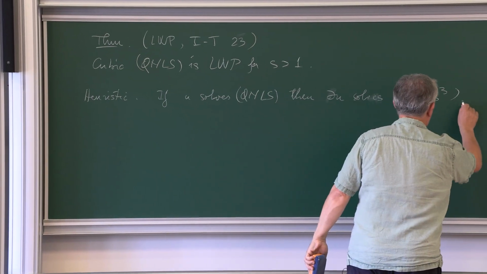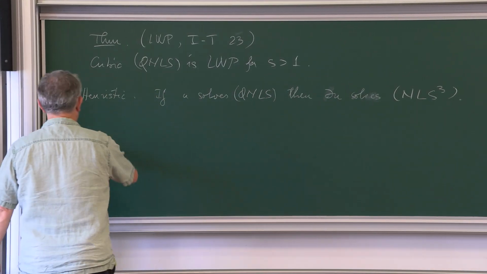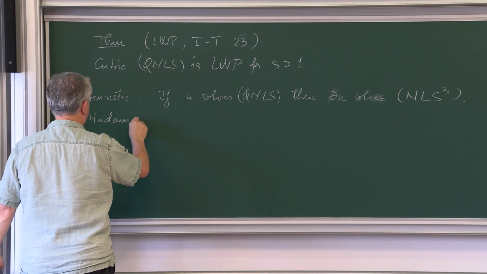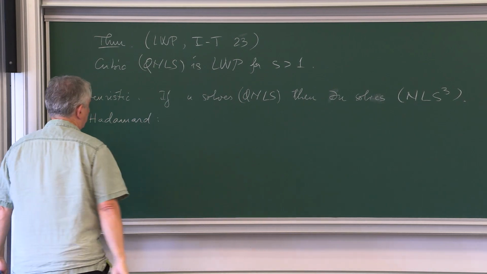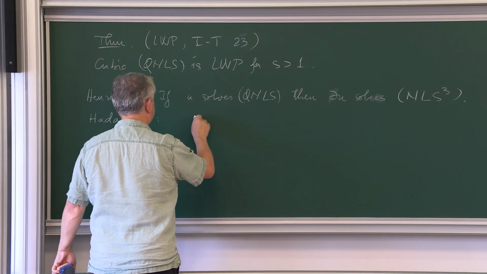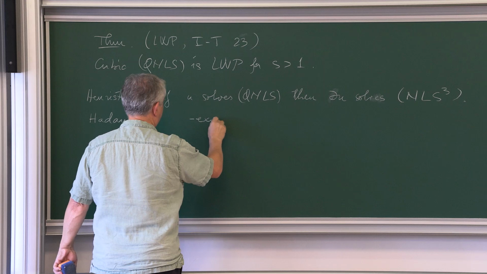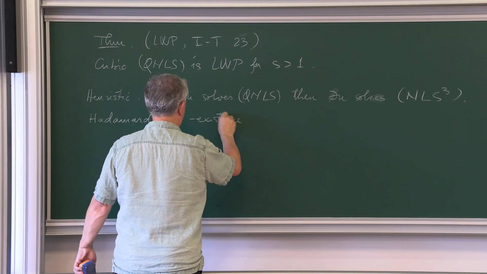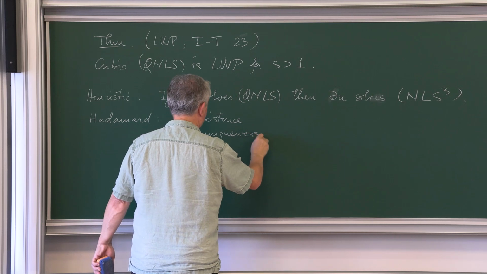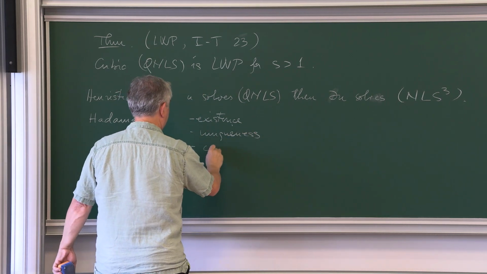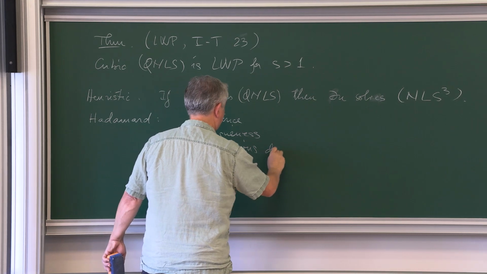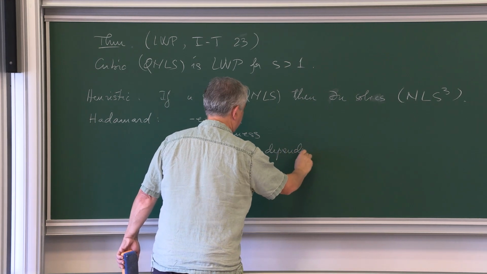Now, this is a quasi-linear problem, and when we talk about well-posedness for quasi-linear problems, we rely on Hadamard's notion of well-posedness, so we ask for existence, uniqueness, continuous dependence.